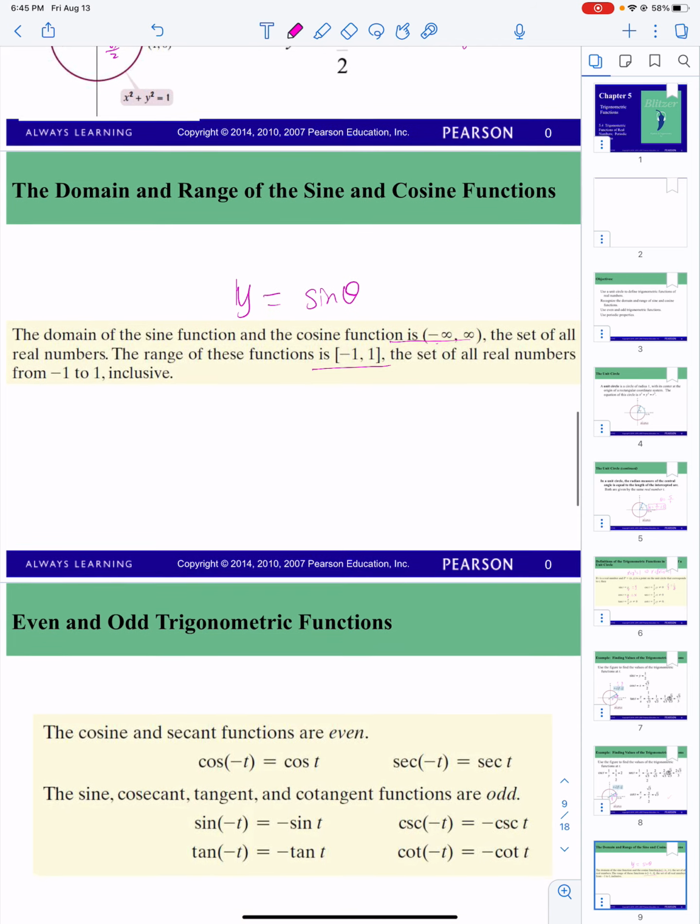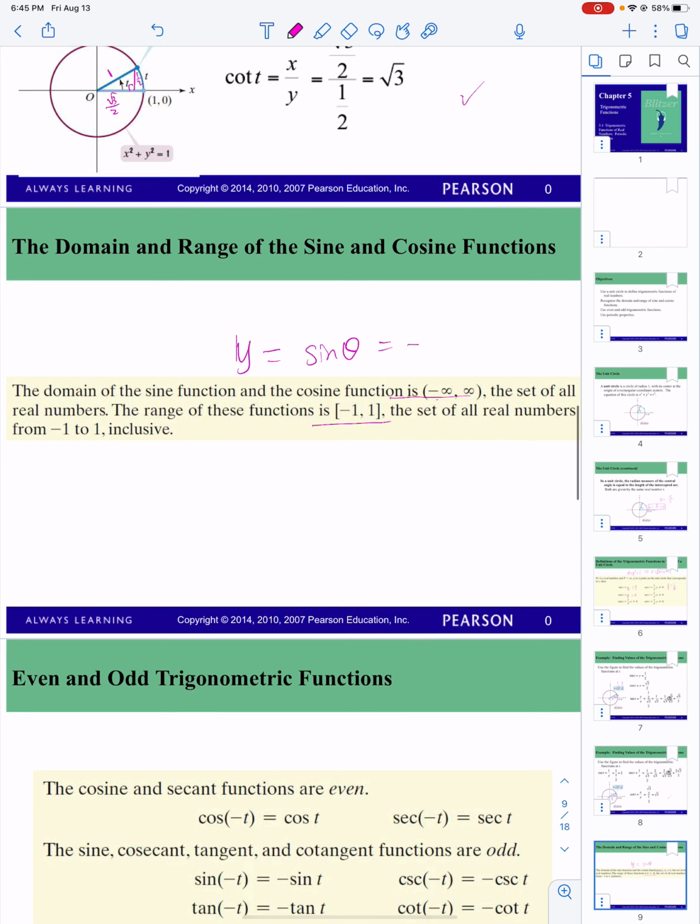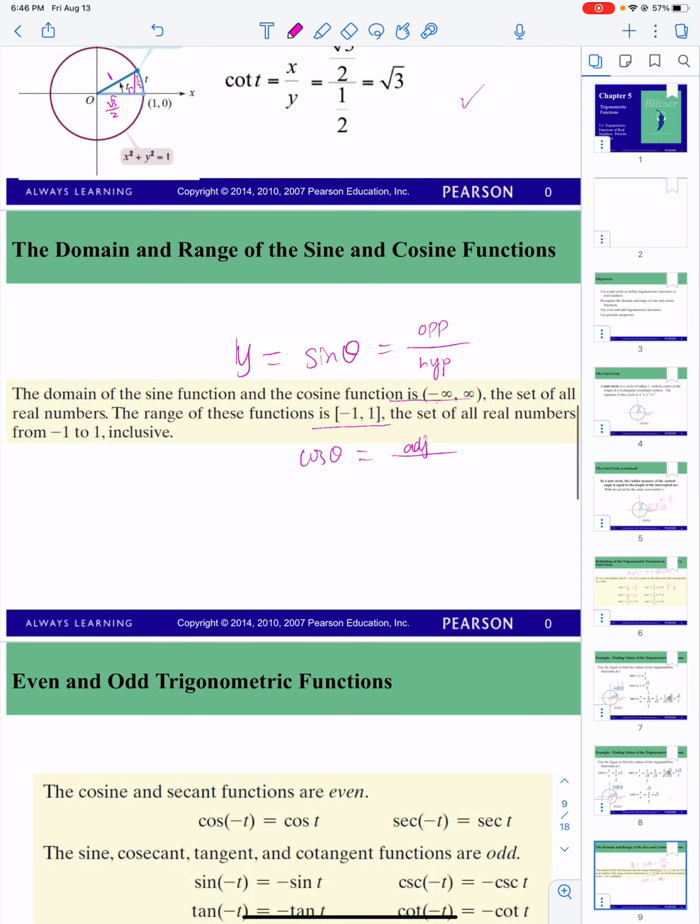But for sine, sine theta is what? Opposite over hypotenuse. And cosine theta is what? Adjacent over hypotenuse. Yeah, so where do these things come from?